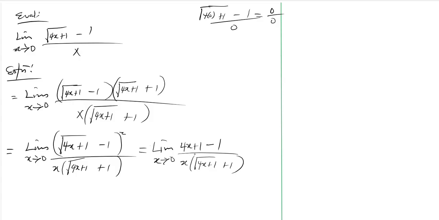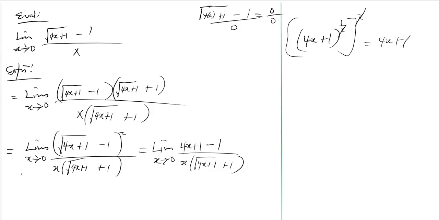Now, if you are wondering how we got from root 4x plus 1 squared to 4x plus 1, let's have the root of 4x plus 1. Root 4x plus 1 is the same thing as 4x plus 1 raised to the power of 1 over 2. Now, if you square this, the 2 will cancel out the 2, so we'll be left with only 4x plus 1.